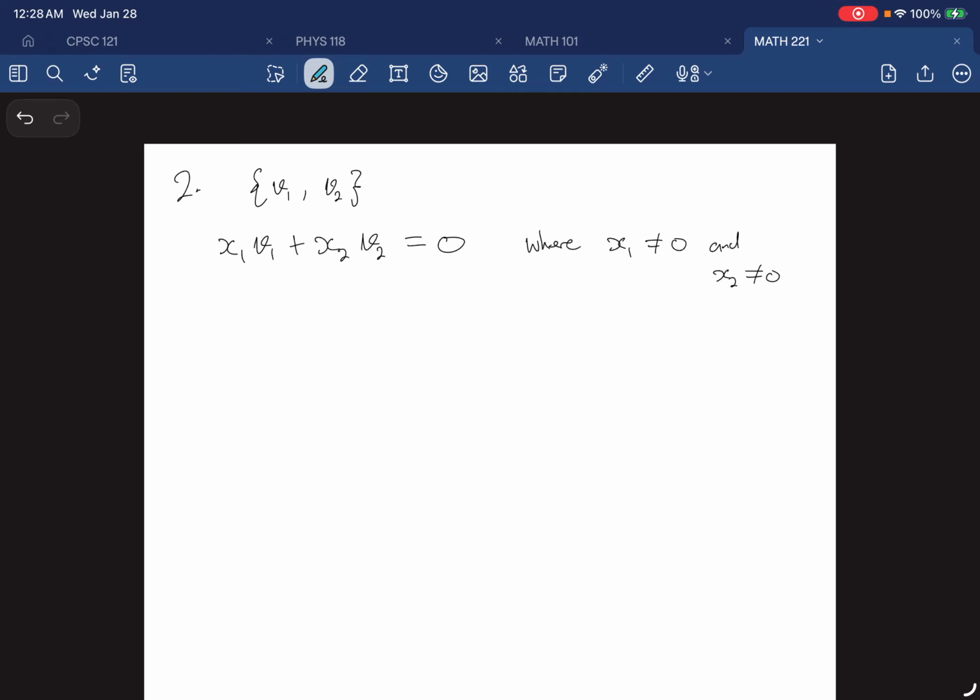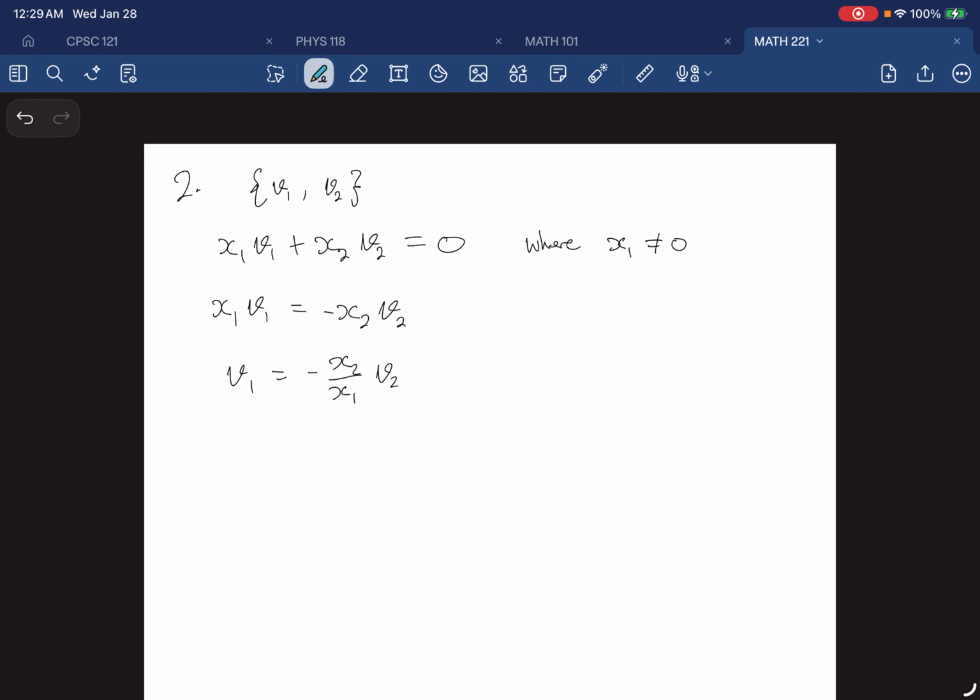At least one of them isn't 0. Let's assume x1 is the one that is not 0. Then with some algebra, moving terms to the right side, we see that v1 equals minus x2 over x1 times v2.